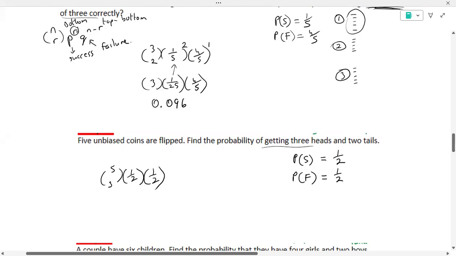Then I follow my formula. That's going to be 3, that's going to be 2. Again, I just put it into my calculator from here. That's 10, that's 1/8, and that's 1/4. So 10 by 1/8 multiplied by 1/4 comes out to be 5/16. And if I want to change it to a decimal, 0.3125.